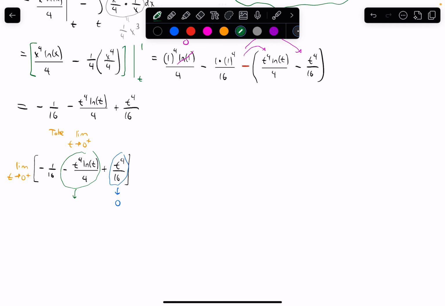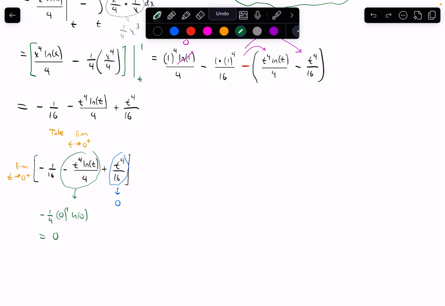So for the one in the middle, if I were to just plug in 0, I would get minus 0 to the 4th times ln of 0, and then this whole thing divided by 4. Actually, just to simplify it, let's move that 4 to the front as a minus 1 over 4. Well, so minus 1 over 4 times 0 is just 0.